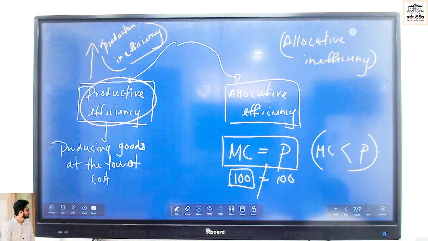There's no requirement to produce goods and services at the lowest possible cost. When it comes to allocative efficiency, it is also not there because they try to charge a higher price than the marginal cost of the product because they have a market.